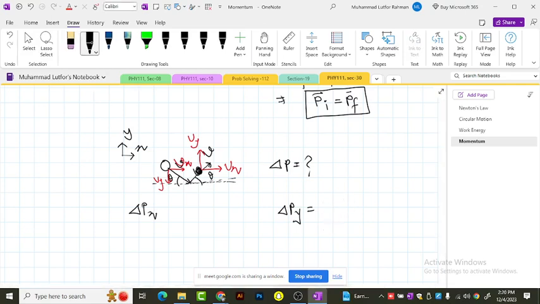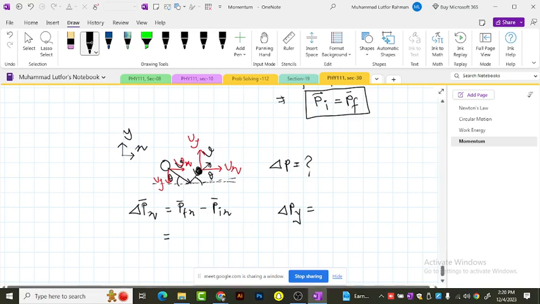So the change of the momentum along the x direction: final momentum, that means p of x, minus pix. P of x is the final momentum along the x direction, and pix is the initial momentum along the x direction, right?